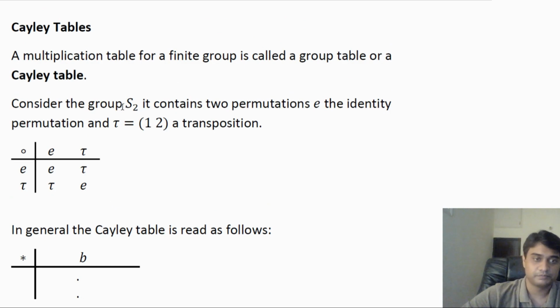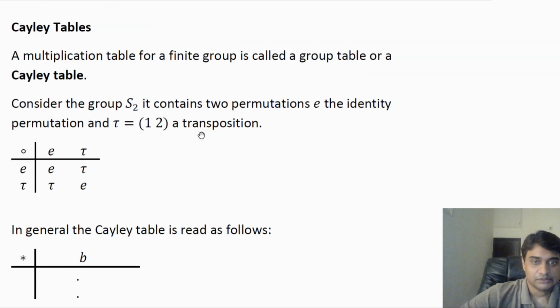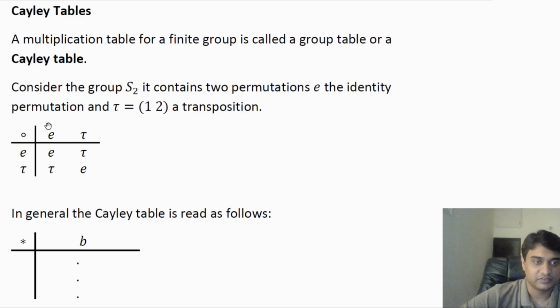So consider the group S2, the symmetric group S2, a very basic group. It contains just two elements. One is the identity permutation, and the other possibility is a transposition, (1 2). And now we draw the group table. On the borders, on the top and on the left, we write the elements in the same order: the identity E and tau, and in the column as well, we write in the same order E and tau.